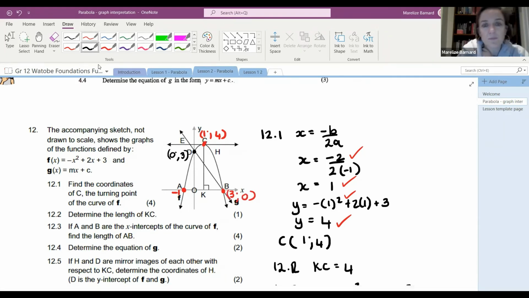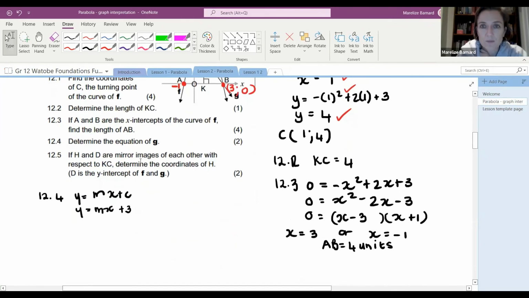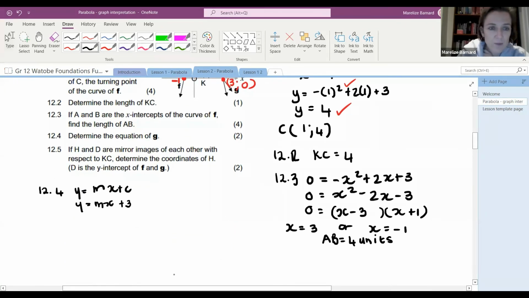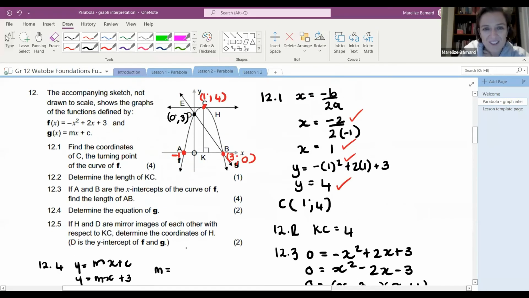Some of you are giving the answer already. Wonderful. I'm going to quickly work out the gradient over here. So 3 minus 0 and 0 minus 3, and that is going to be minus 1.